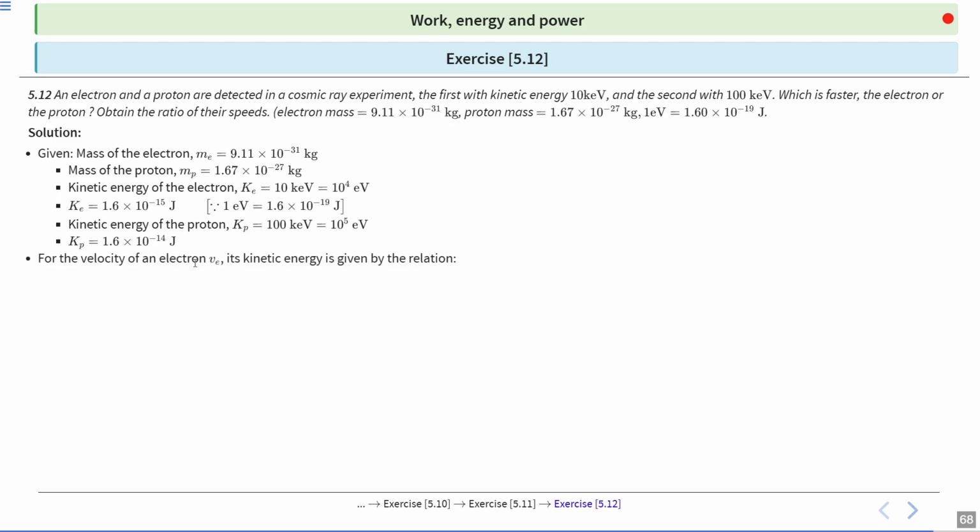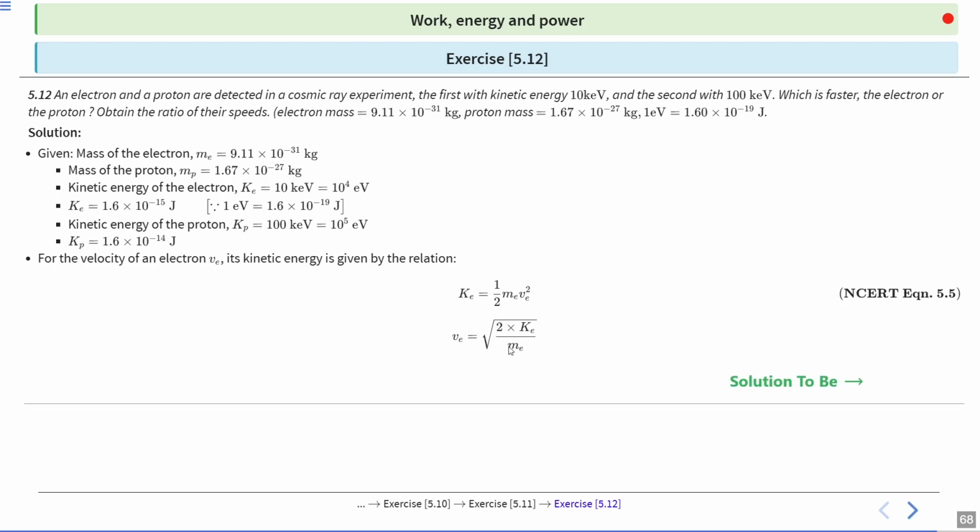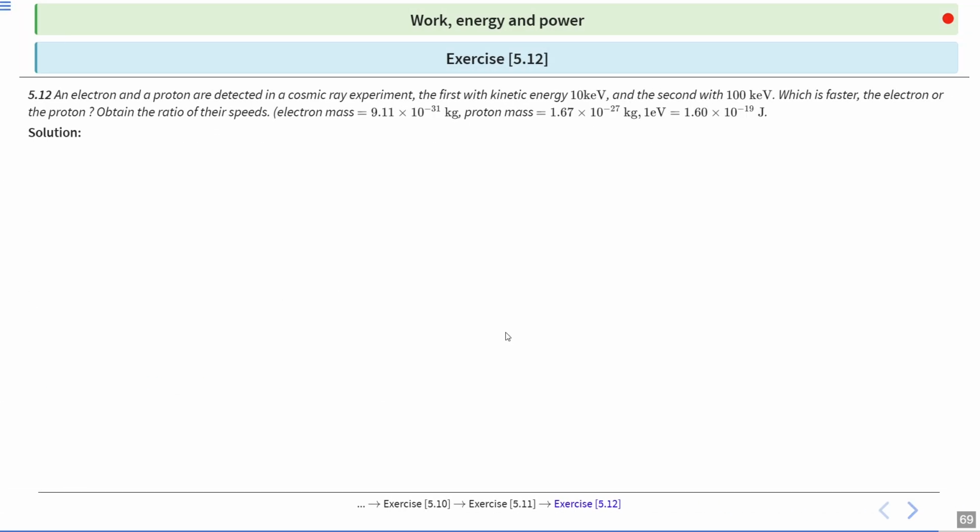So for the velocity of an electron, its kinetic energy is given by K is equal to 1 by 2 mv square. This is the kinetic energy for the electron. So Ve, solving this, becomes under root 2 into Ke divided by me. So now we will solve for Ve.